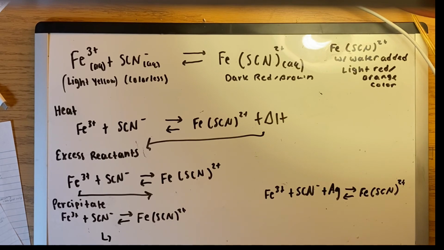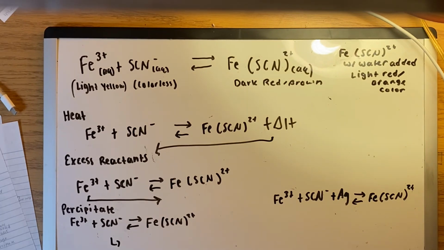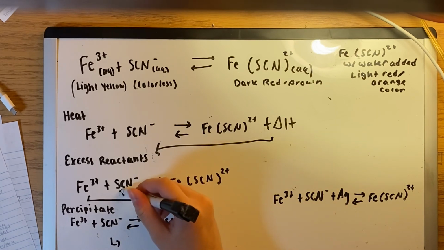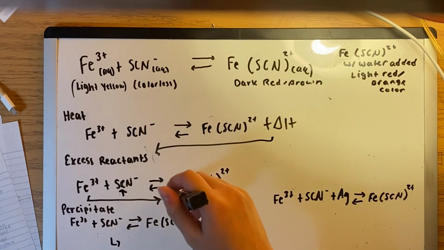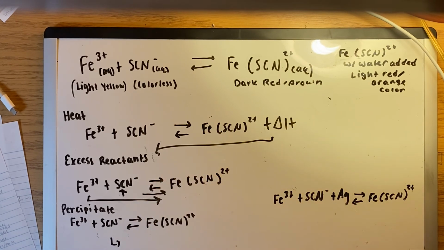This is why the color changed to a darker red color. Similarly, the potassium thiocyanate had the same reaction because it is also a reactant. When the potassium thiocyanate was added to the mixture, its concentration increased. Therefore, the reaction is going to shift more towards the right, towards the product side, causing the darker red color.